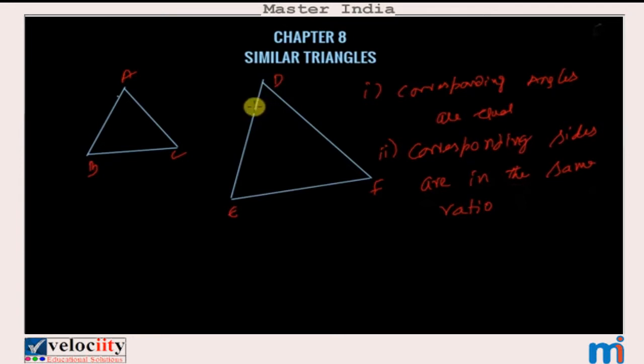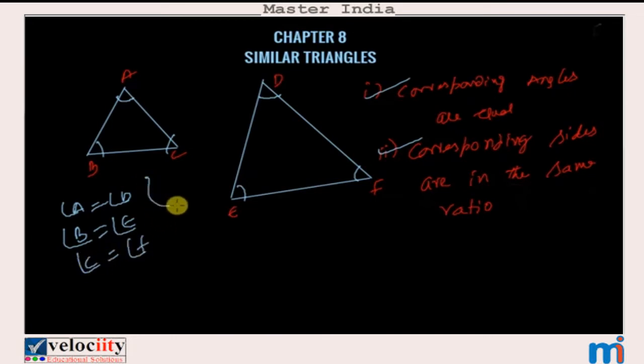And when will the two triangles have the same shape? They'll have the same shape only if the corresponding angles are equal and the corresponding sides are in the same ratio. So angle A is equal to angle D, angle B is equal to angle E, angle C is equal to angle F.